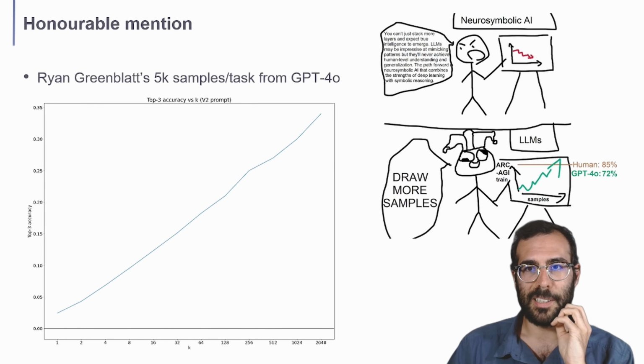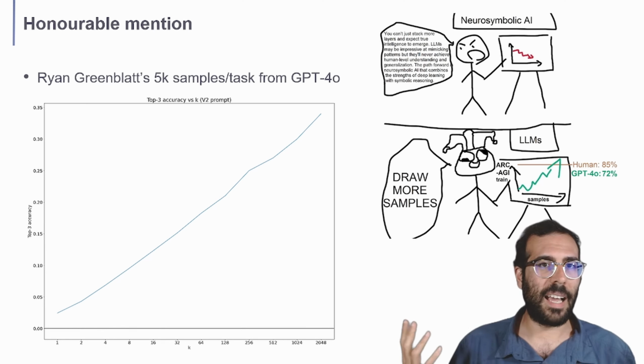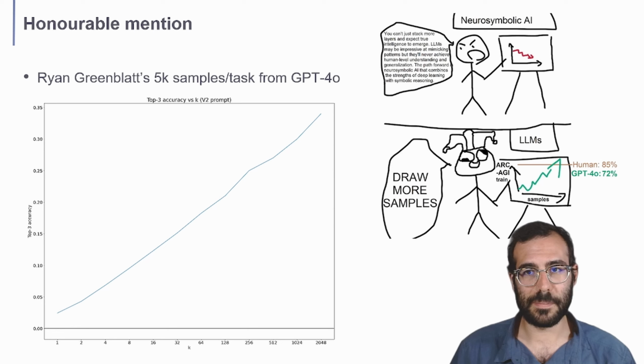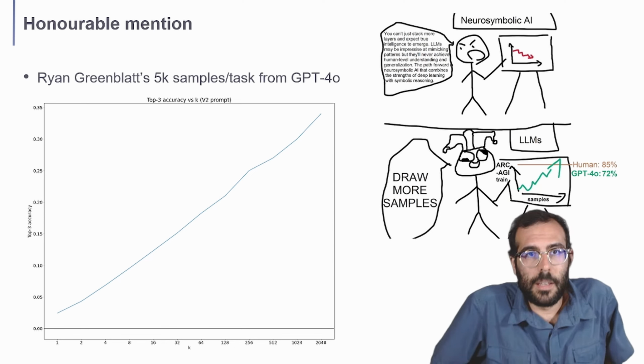And then finally, honorable mention goes to Ryan Greenblatt's approach, which I think took many people by surprise. So what he did is just took GPT-4o and asked it to generate 5,000 samples for each task.